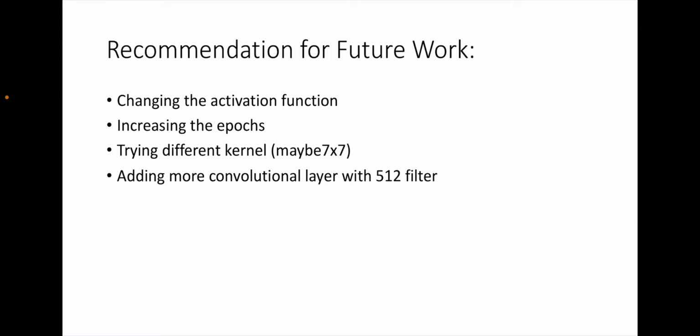Maybe higher epochs increase the accuracy, or trying a different kernel, maybe 7 by 7, and adding more convolutional layers, because mine was 256 at the highest, maybe a 512 filter increases it.